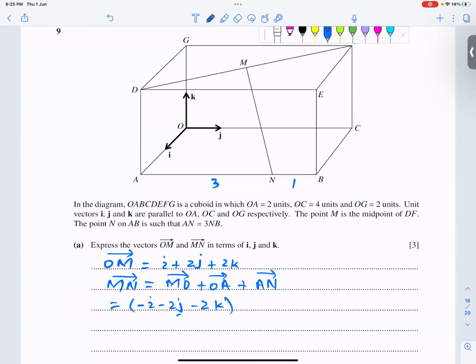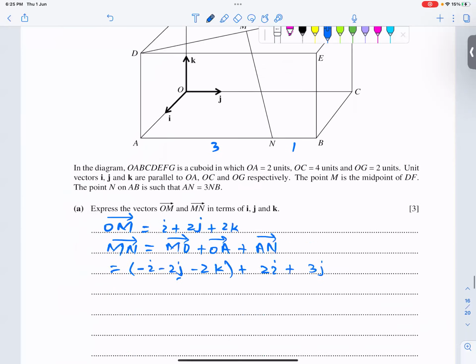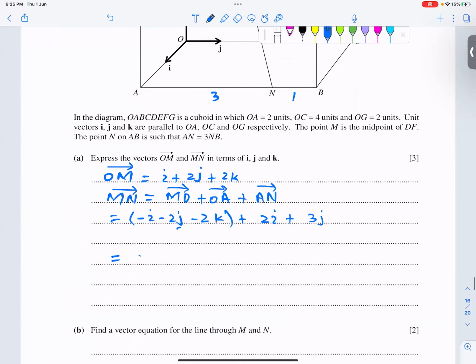OA will be 2i, and AN. AN is actually parallel to OC, so we will use the unit vector of OC, and that is j. And we will use the magnitude of AN, that is 3. Okay, 3 times j. So solve this. This will be i plus j minus 2k. Okay. So this will be the value for MN.